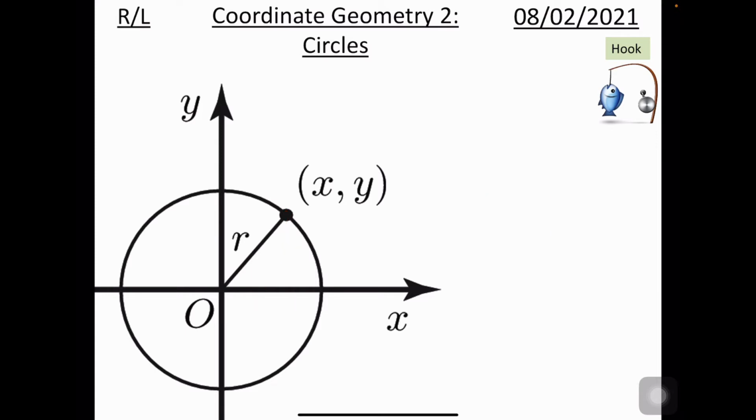Now I'm going to show you something else which links to one of the identities we learnt about during the trigonometry topic. So I'll draw the right angle triangle again. I'll write y here, x here. But let's say we know that this angle is angle theta.